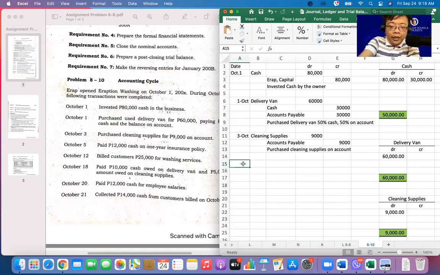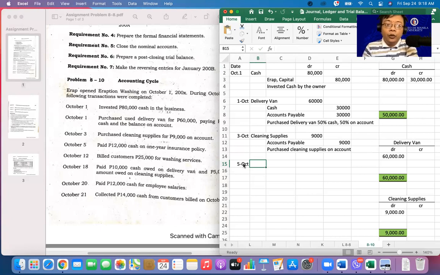So we have October 5. Paid 12,000 cash on a 1 year insurance policy. So if you paid 12,000 as a 1 year policy, sige. Di ba we discussed adjustment, two types of adjustment in terms of prepayments.